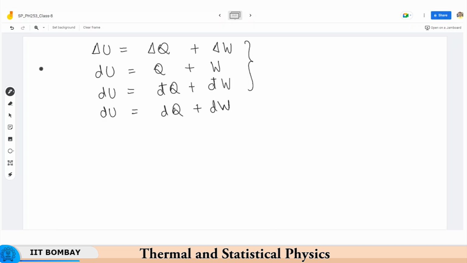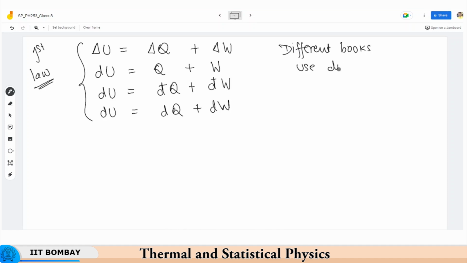But these are all statements of the first law, just different notations, and different books use different notations. I'll maybe talk a little bit about why that is the case.